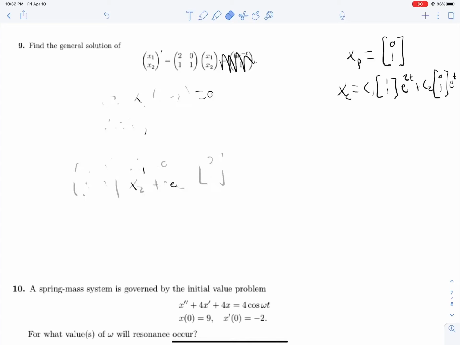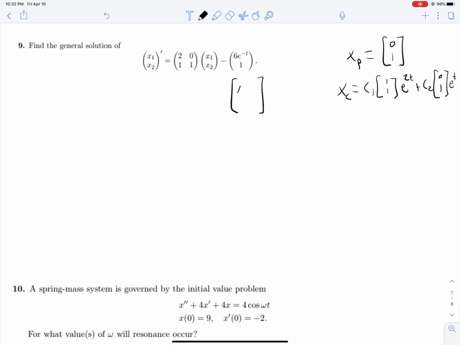And now that we've found our xc, we've also confirmed that 6e to the negative t will not overlap with any constant multiplied by e to the t. So our guess can just be, well, this portion. There really is no minus.